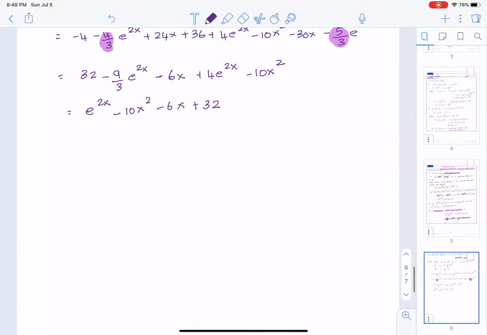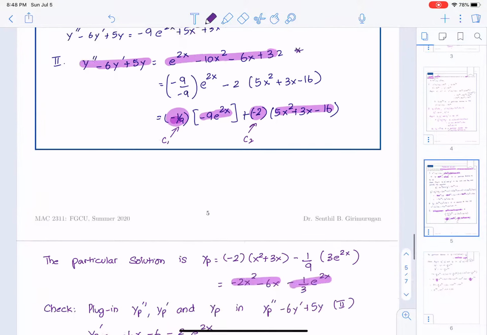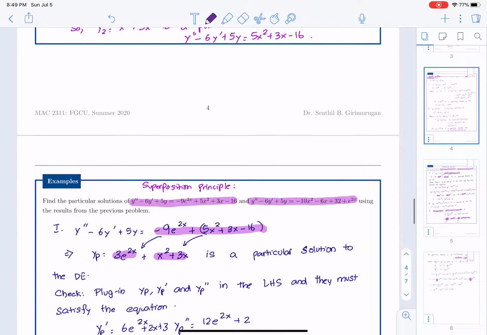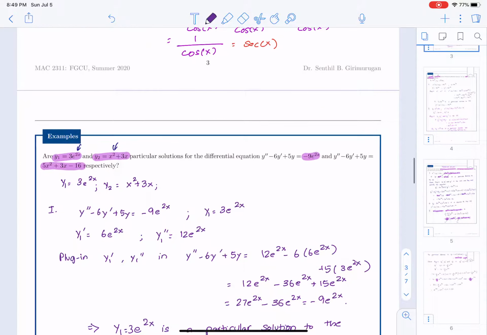So the idea is to show that if we have non-homogeneous DEs, and we have particular solutions for specific right-hand sides, such as these, then I could come up with a new DE with the left-hand sides being the same as in the previous two equations.